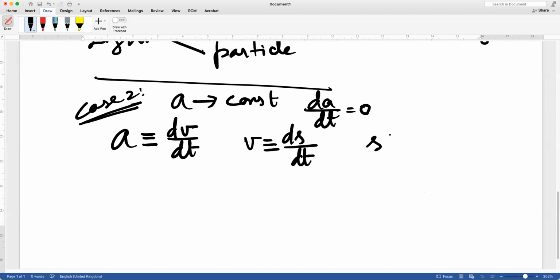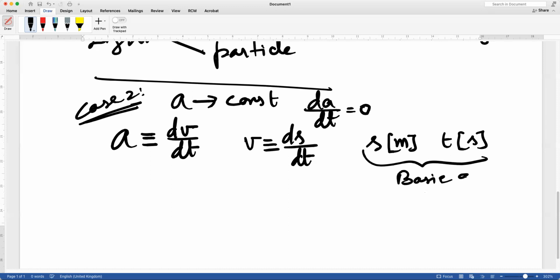And displacement itself is a basic quantity which cannot be derived from any other quantity, measured in meters, and time is also a basic quantity which cannot be explained or derived from any other quantity, measured in seconds. So these are all very basic, natural quantities.